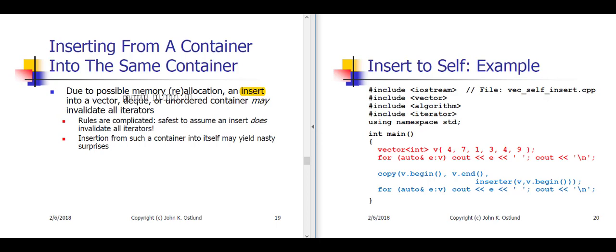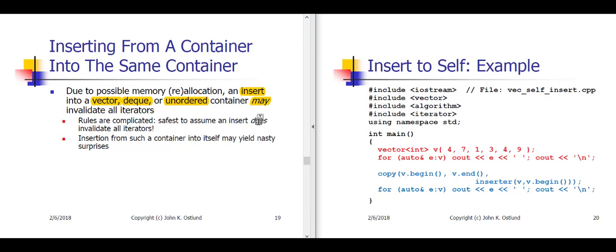It turns out that if you insert a new value into a vector or into a deque or into some unordered container, like an unordered set or unordered map, if you already have some iterators sitting around, quote, pointing to, unquote, various elements within the vector or deque or unordered container, then as a possible consequence of new memory being allocated, because you're expanding your vector, you're expanding your deque, you're expanding your unordered container, this may invalidate all of those previous iterators that you had.